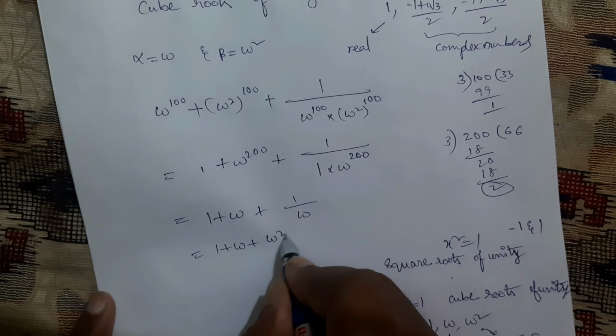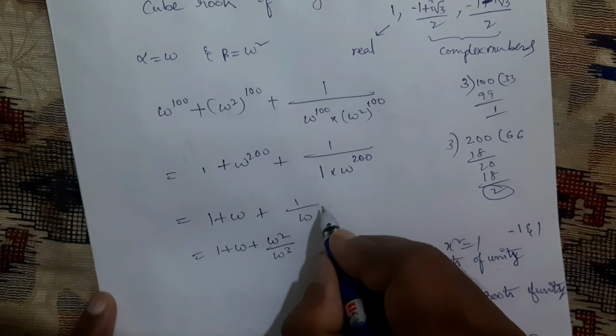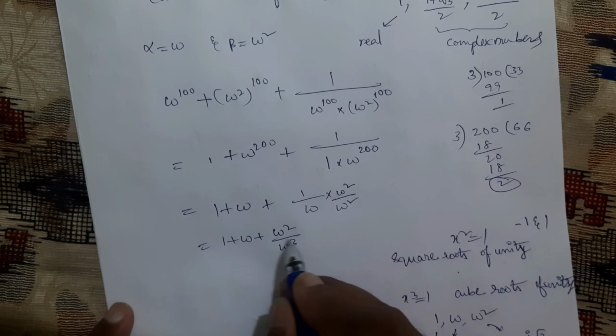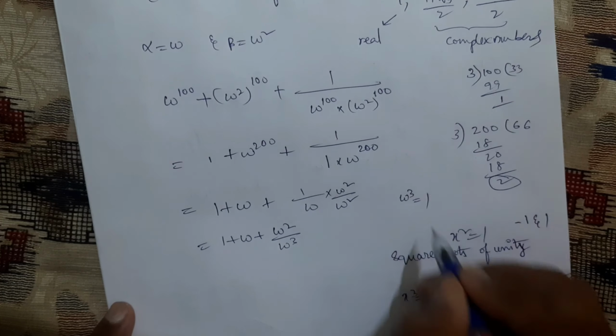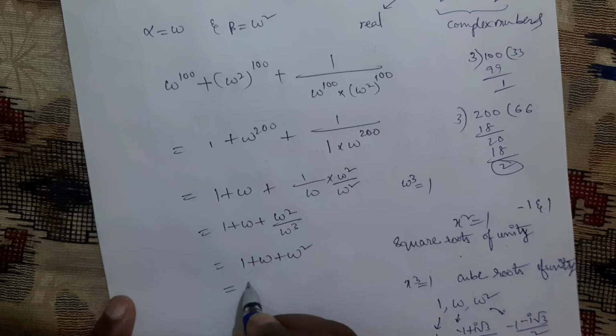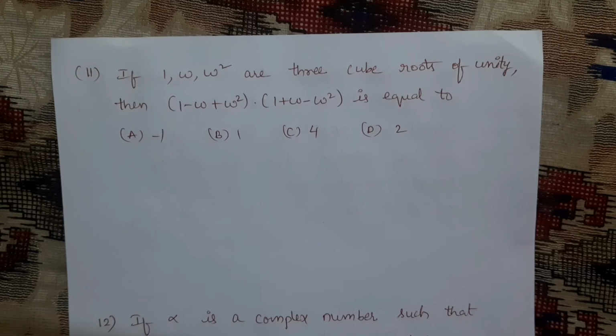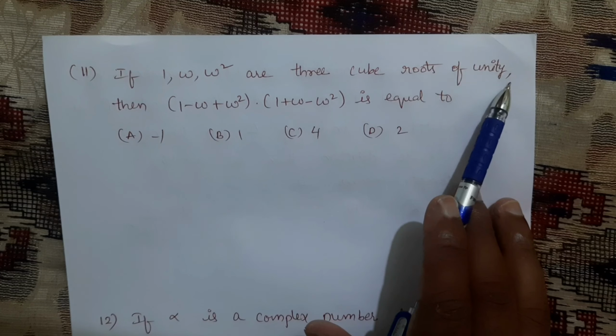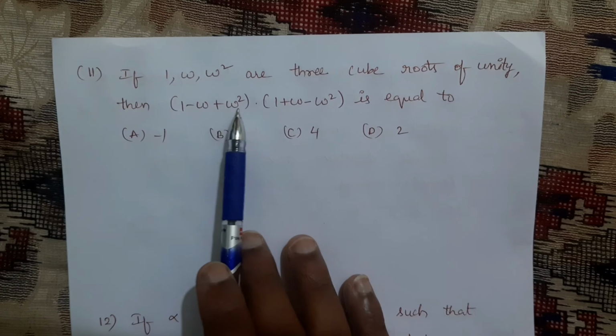We can write as omega square by omega cube, multiplying and dividing with omega square. As we know that omega cube is equal to 1, it will become 1 plus omega square, which is equal to 0.